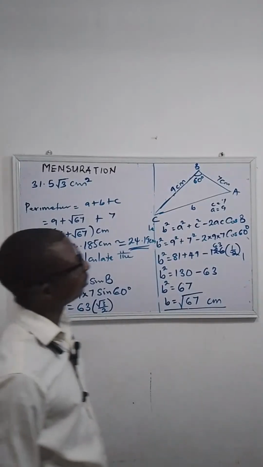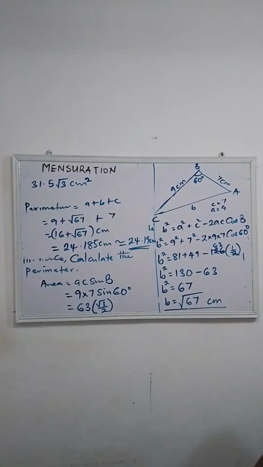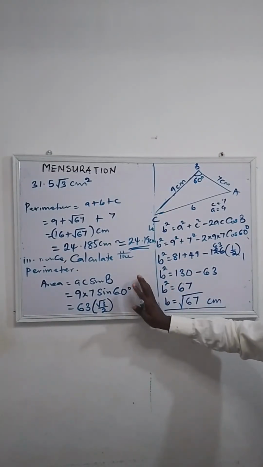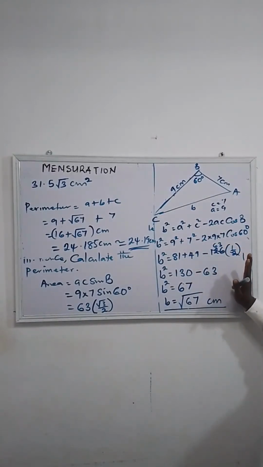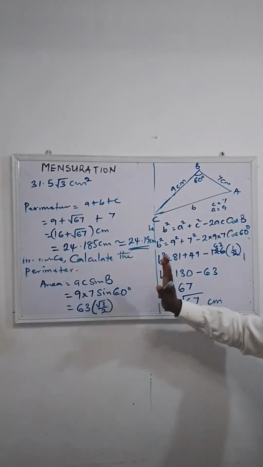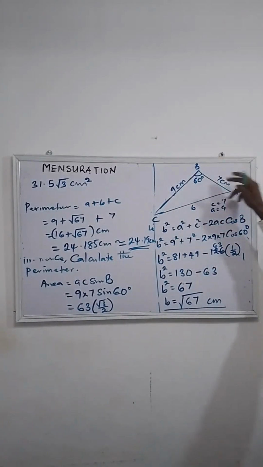So in the question, we are asked to find the area of the first part of the question. We have to find the area, right? But I started with the second part of the question. Okay, but let's look at the first part. We have to find the area of this triangle. All of these sides are given in the question.